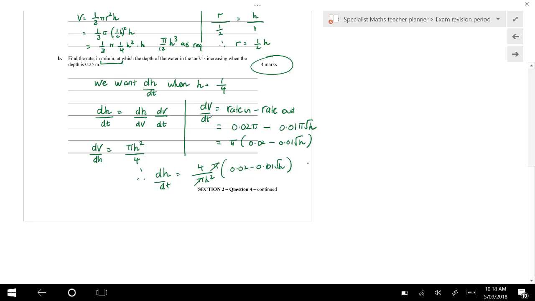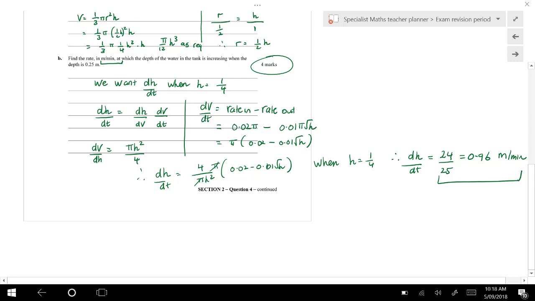Now, we've got a CAS, so when h is equal to a quarter, dH/dt, if I put that in the calculator as fractions, would spit out 24 over 25, but 0.96 is also exact form, isn't it? Because there is no rounding off of decimal places. So yes, either one of those would have been fine.